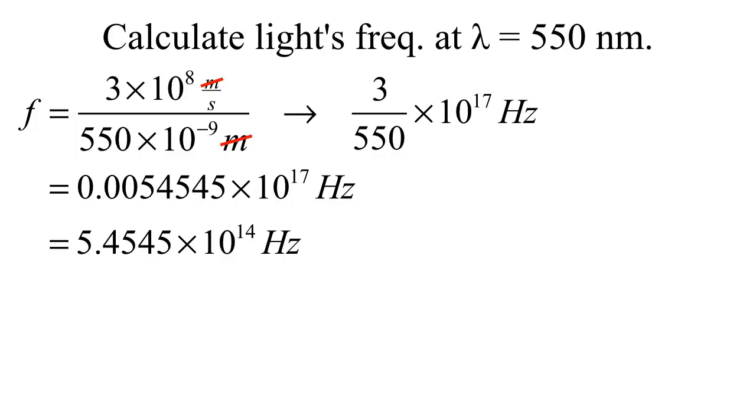So I go from 0.00545, move the decimal place 3 units to the right, and decrease 10 to the 17 by 3. So 10 to the 14. So that's a true answer.